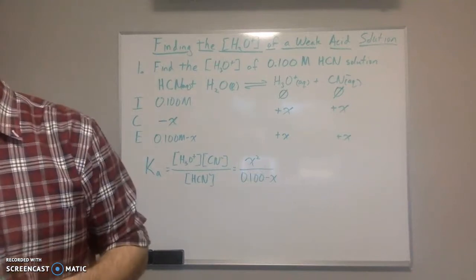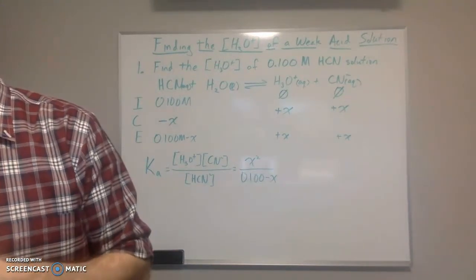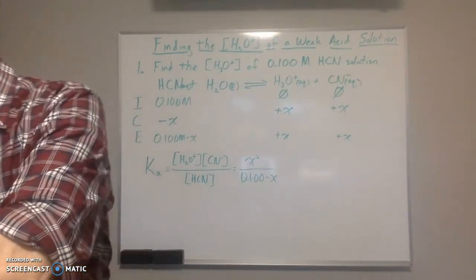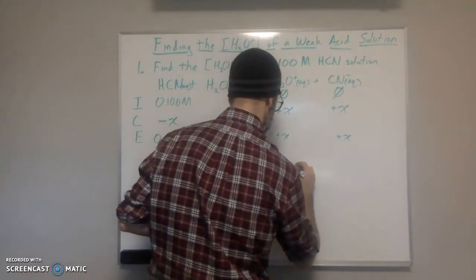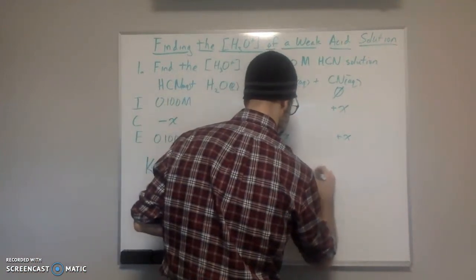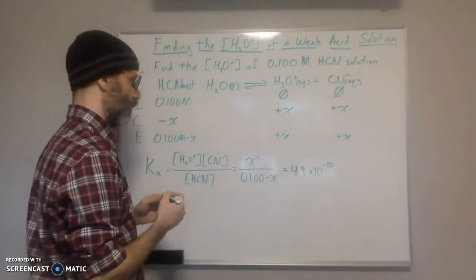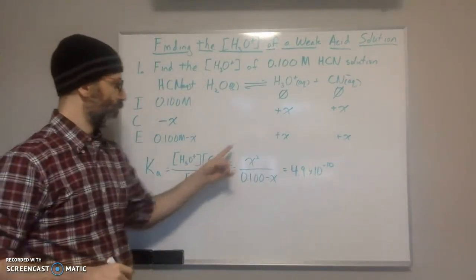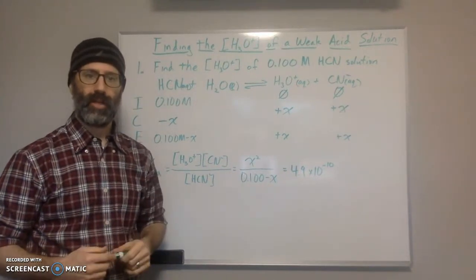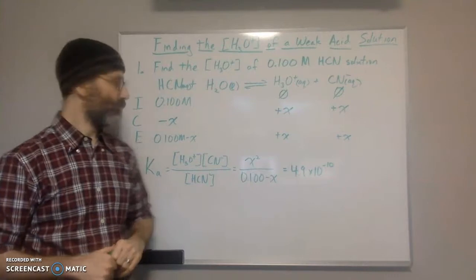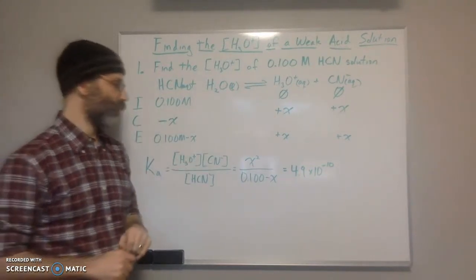So the Ka value for this is going to be 4.9 times 10 to the negative 10. So here's our expression. Now all we need to do is solve for x, and x will give us the concentration of the H3O plus ion, the hydronium ion.